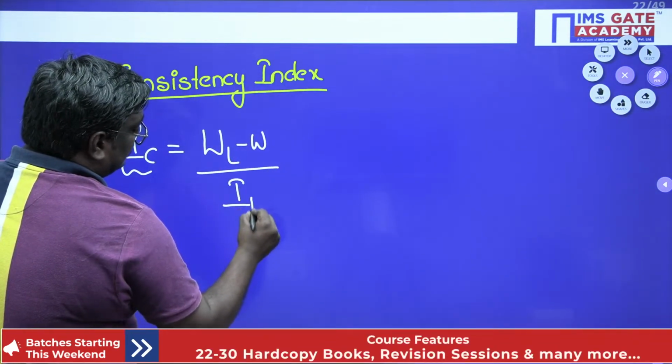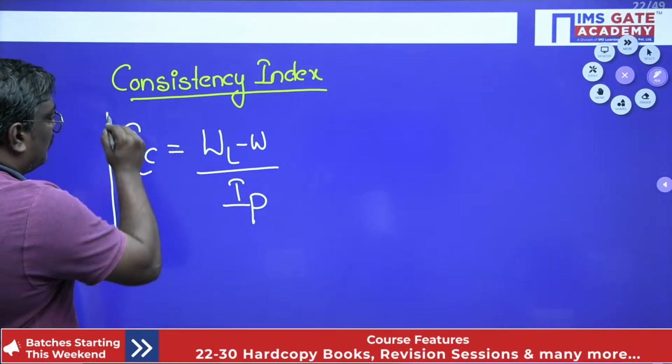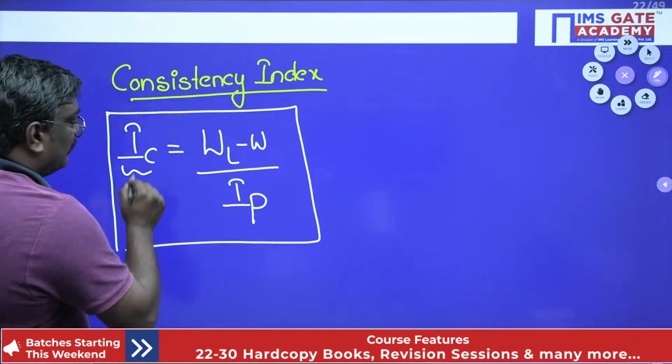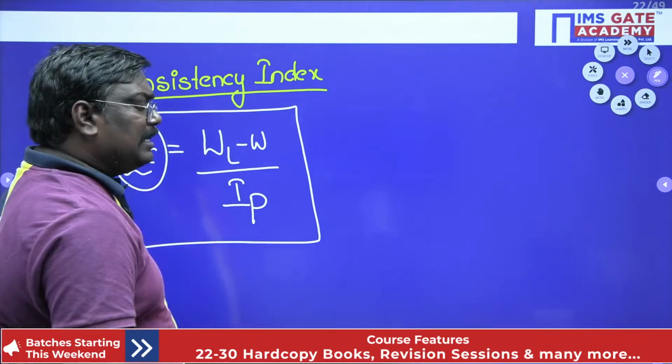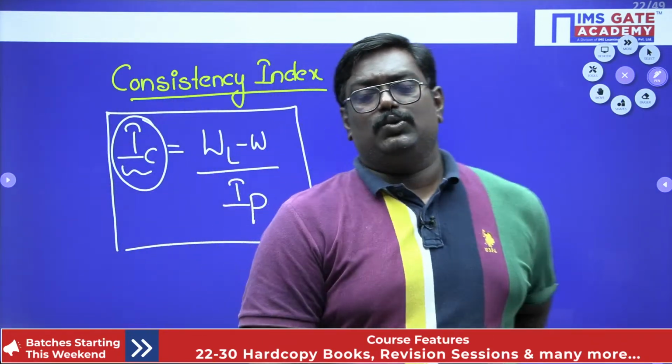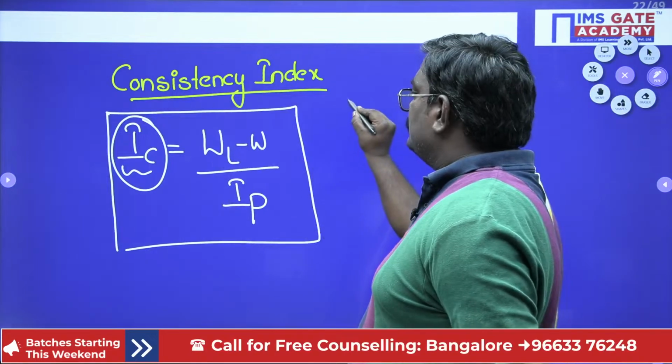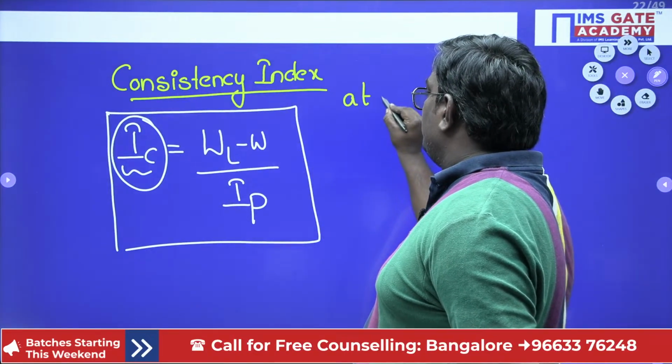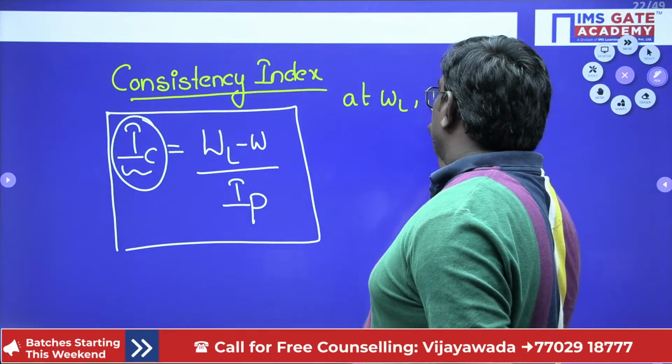When I write IC is equal to WL minus W upon IP, we call it the consistency index. And remember, my dear students, what will be the value of the consistency index? At liquid limit, the value of the consistency index will be 0.